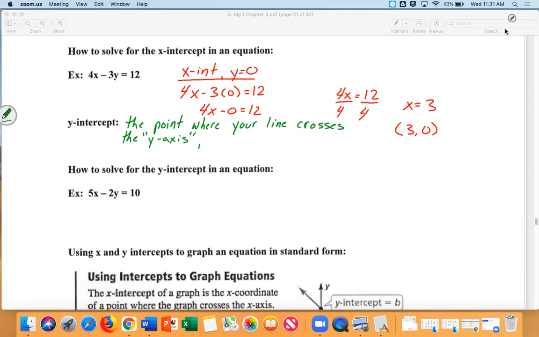That's what it looks like geometrically. It's the physical point where your line crosses the y-axis. Got that, Nate? This is when x equals 0.